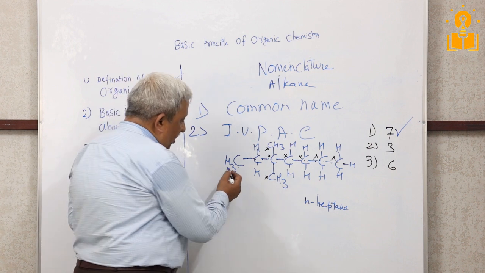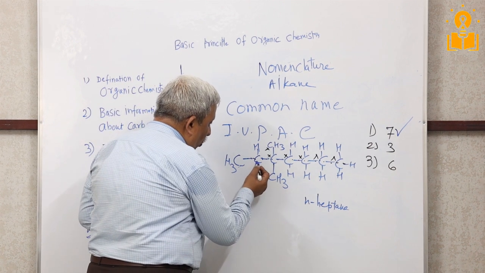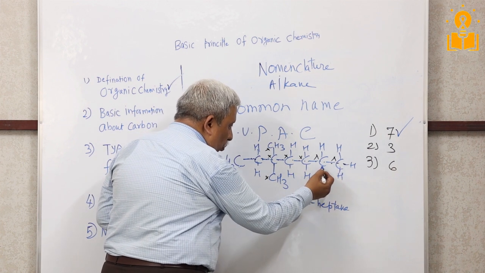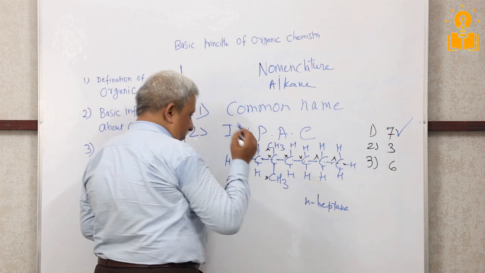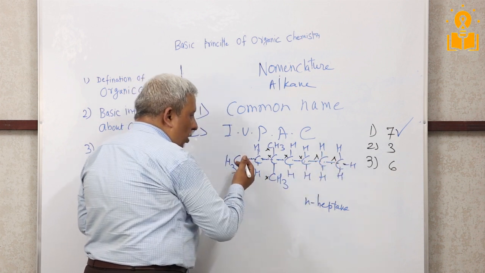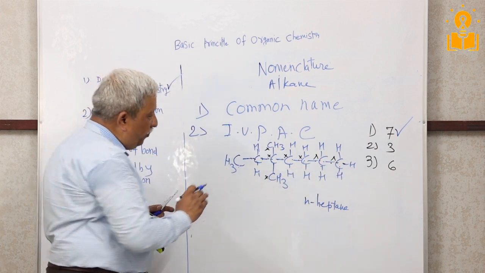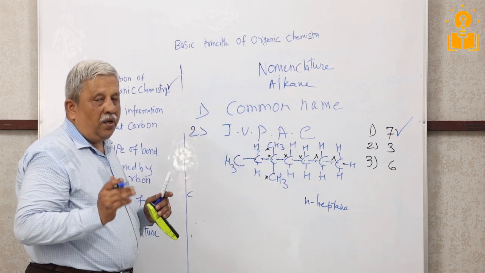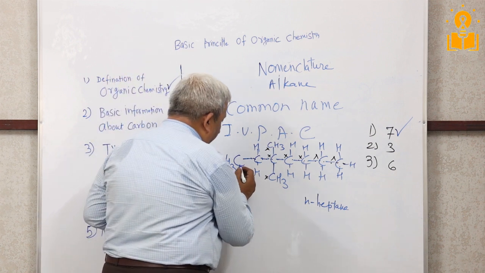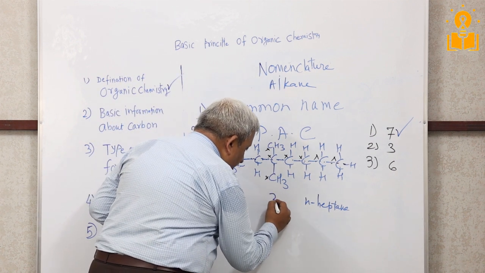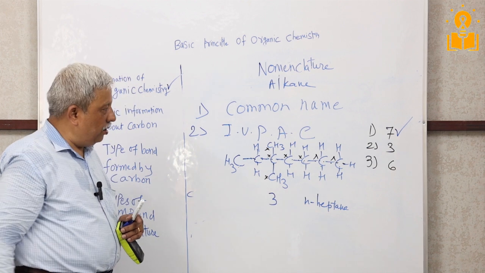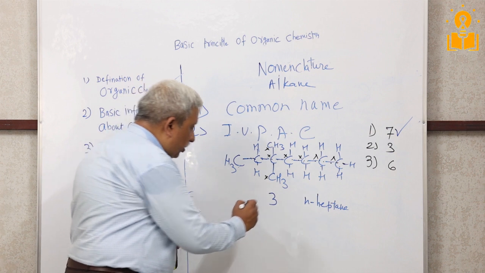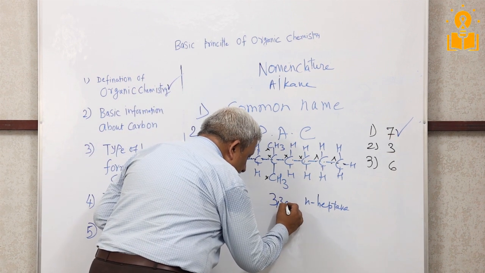Suppose you start from the left side, it is 1, 2, 3. If you start from the right, 1, 2, 3, 4, 5. So from right to left it is 5, and from left to right it is 3. So the left to right calculation is accepted. So it is substituted at the 3 position, but there are two substituents, so 3, 3 di.